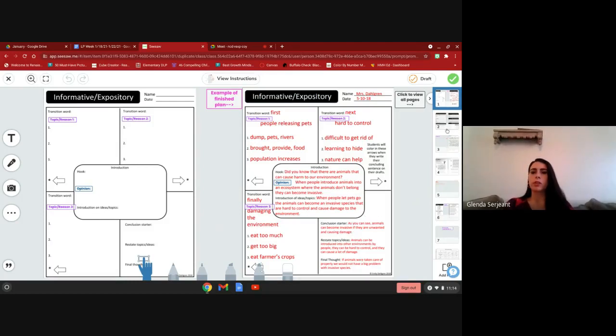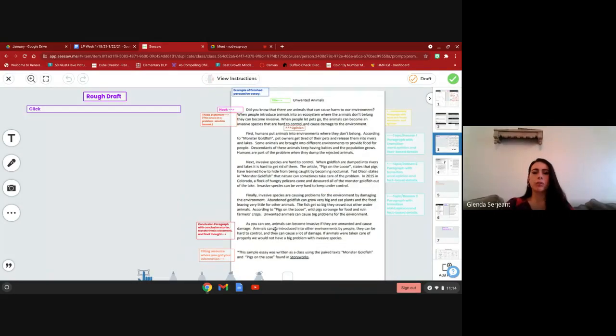So now I'm going to read what their paragraph was. It says, as you can see, animals can become invasive if they are unwanted and cause damage. Animals can be introduced into their environments by people. They can be hard to control and they can cause a lot of damage. If animals were taken care of properly, we would not have a big problem with invasive species.